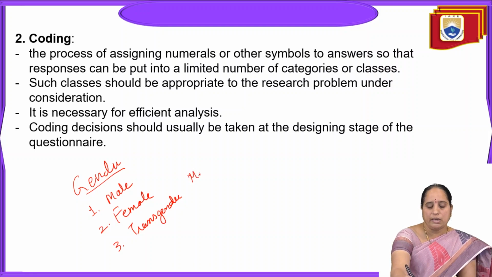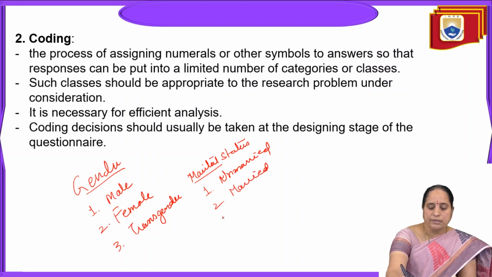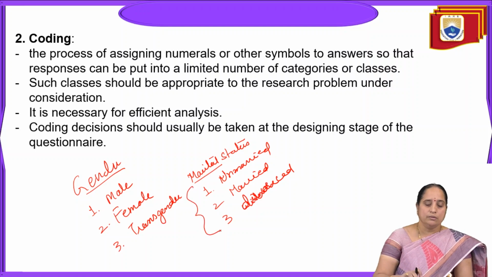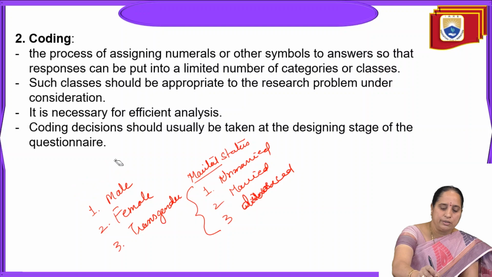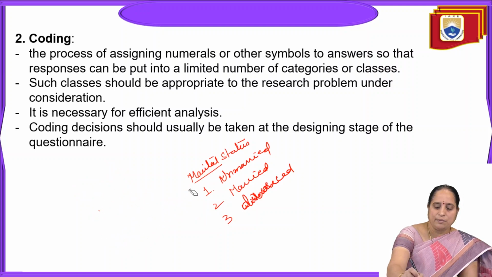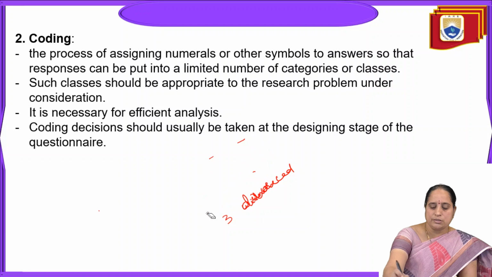Even if you are talking about the marital status of a respondent, there also we can use certain numbers. We can define: one unmarried, two married and three widowed, or divorced, we can write divorced. So like that, we give codes to the data, whatever you are going to include in the questionnaire. This can be done at the initial stages while designing the questionnaire.